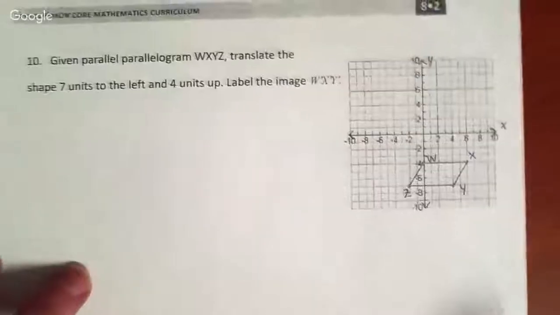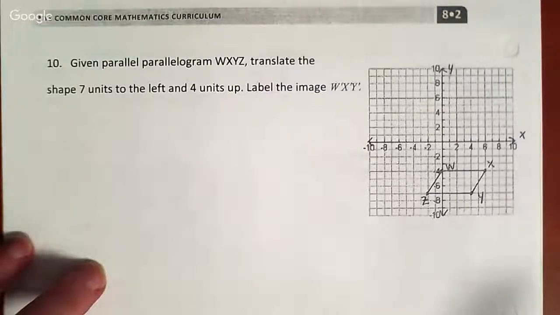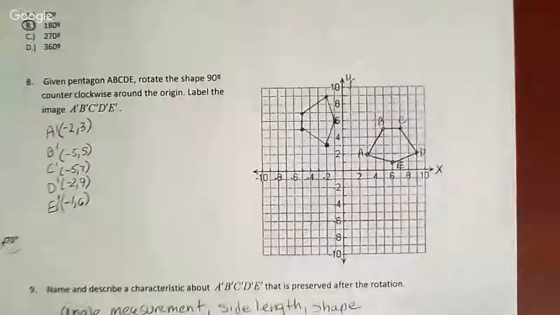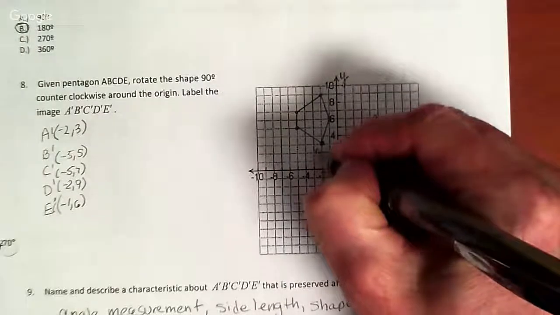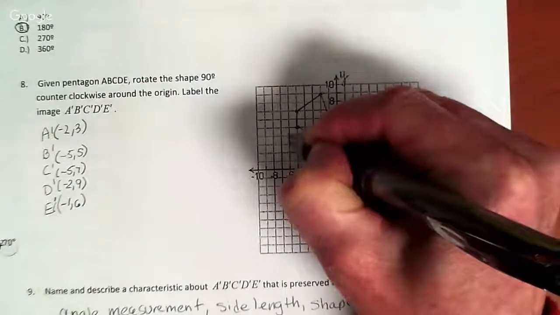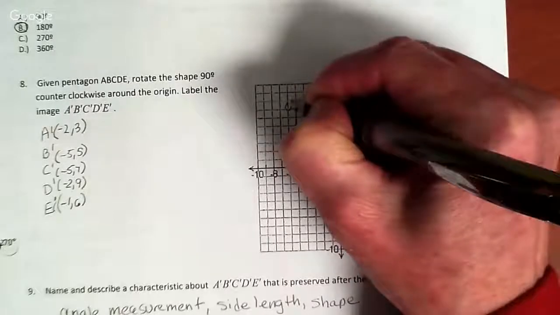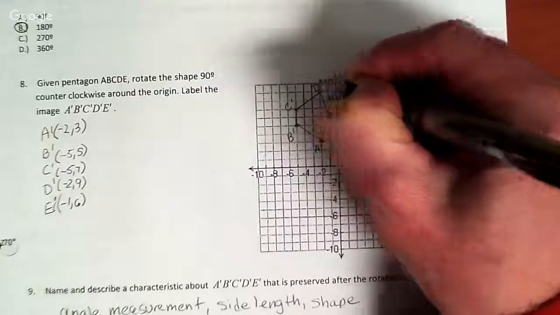For number 10, given the parallelogram, translate the shape 7 units to the left and 4 units up, and then label the image, which I did not do on this one, so let me do that first. So we have A', B', C', D', and E'.